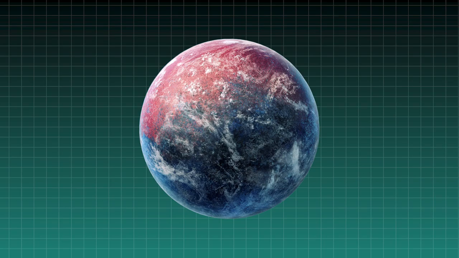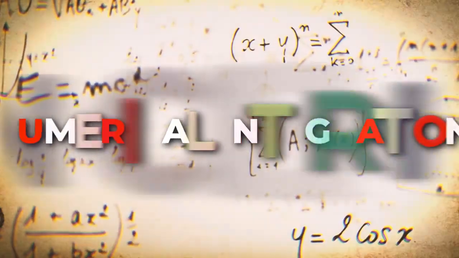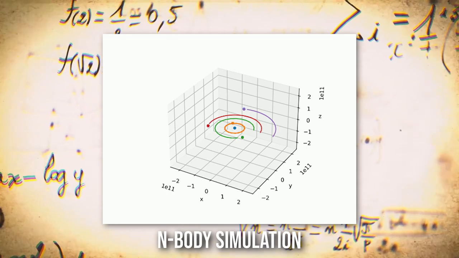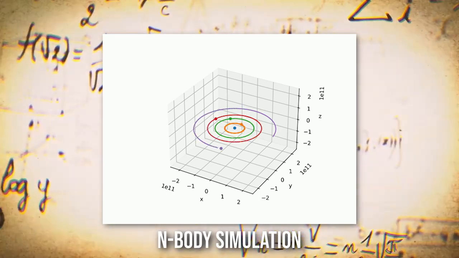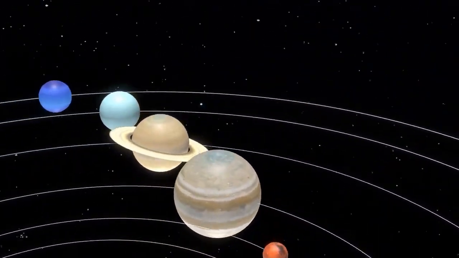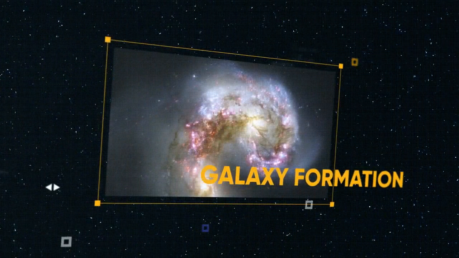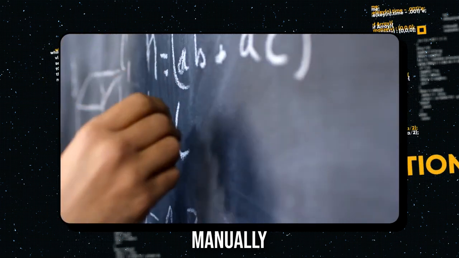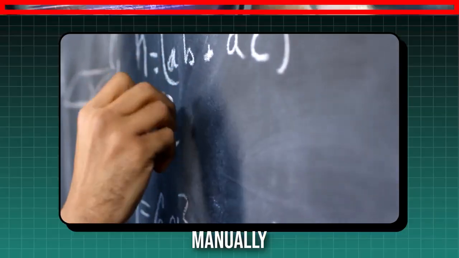This approach, known as numerical integration, involves solving differential equations step by step. Applied to multiple bodies, it becomes an n-body simulation. Modern computers have made n-body simulations powerful tools for predicting planetary motions far into the future, or simulating complex scenarios like galaxy formation. However, before computers, these calculations were done manually, often requiring extensive human effort.